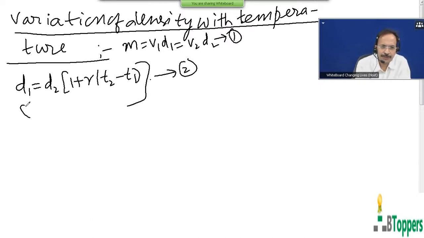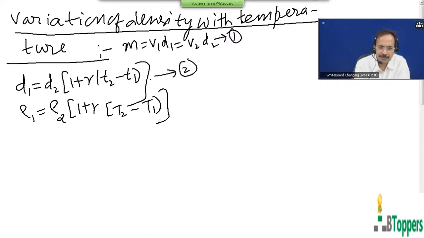Some of the books denote density by rho, so you can write density at the first temperature by rho 1 and density at the second temperature by rho 2. And instead of centigrade temperatures, you may be given temperatures on the Kelvin scale. Temperature on the Kelvin scale is denoted by capital letter T. So the same equation can also be written in this form: rho 1 equals rho 2 into 1 plus gamma into capital T2 minus capital T1.